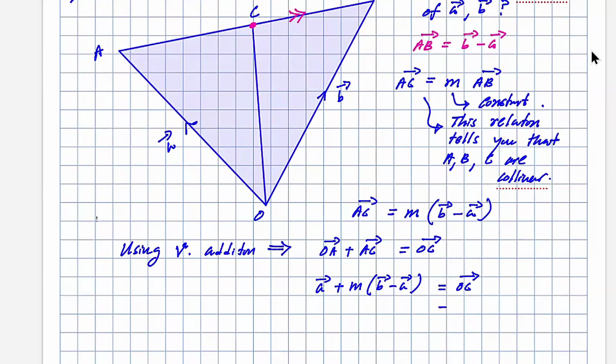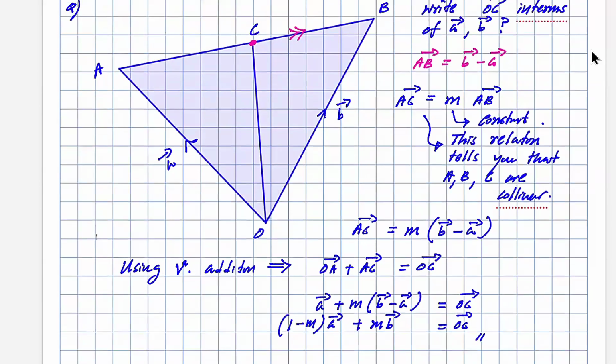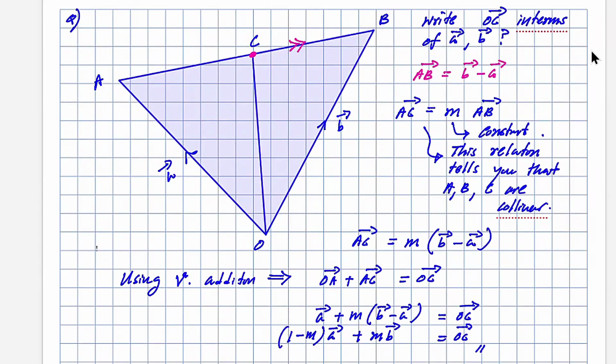Then OC vector is equal to, so now I'm going to factorize. If I take A out, it's going to be 1 minus M, A plus M B vector. So that's the answer. So this is the revision for collinearity. Collinear means on the same line. Now we never remember these things, but we should be able to construct when we have questions, which we are going to do in the future anyway.